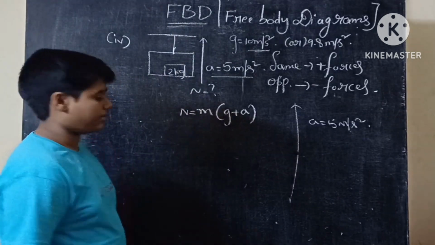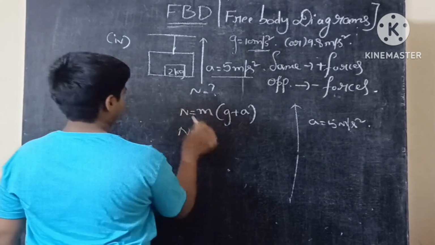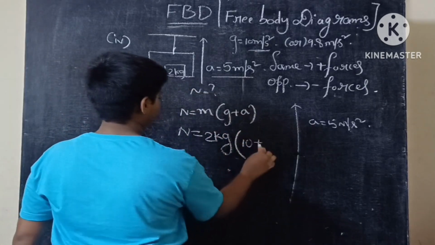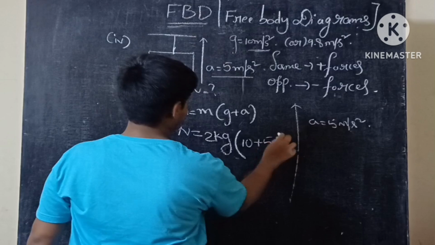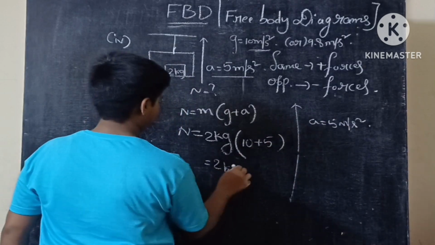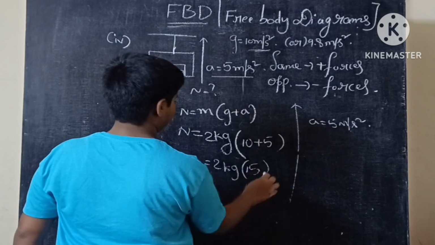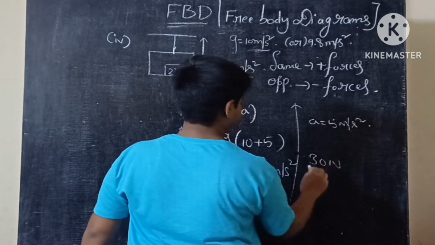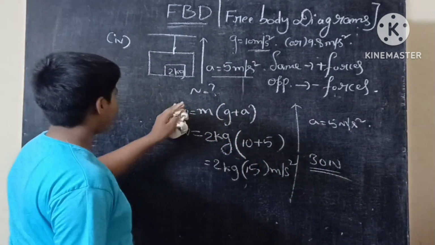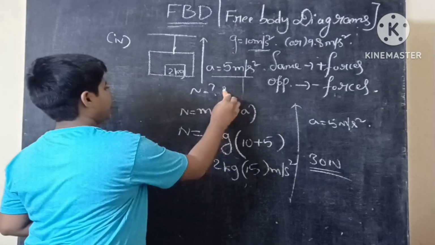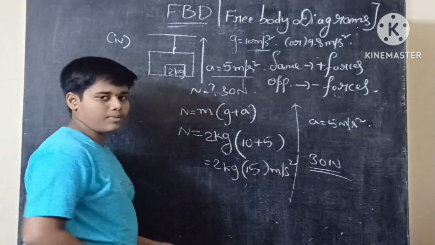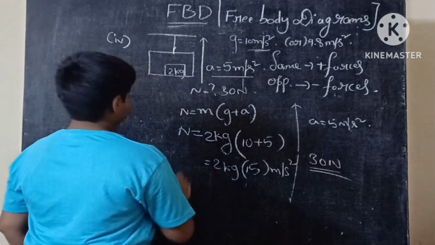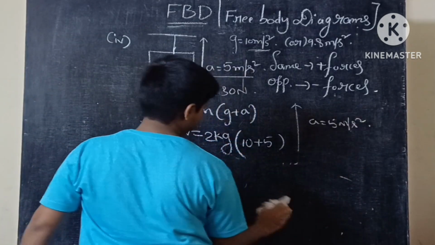So N is equal to 2 kg into (gravity 10 plus acceleration 5), which means 2 kg into 15 meter per second square, which means 30 newtons. The total force acting in that direction is 30 newtons, which is equal to the normal. So this is the fourth case.